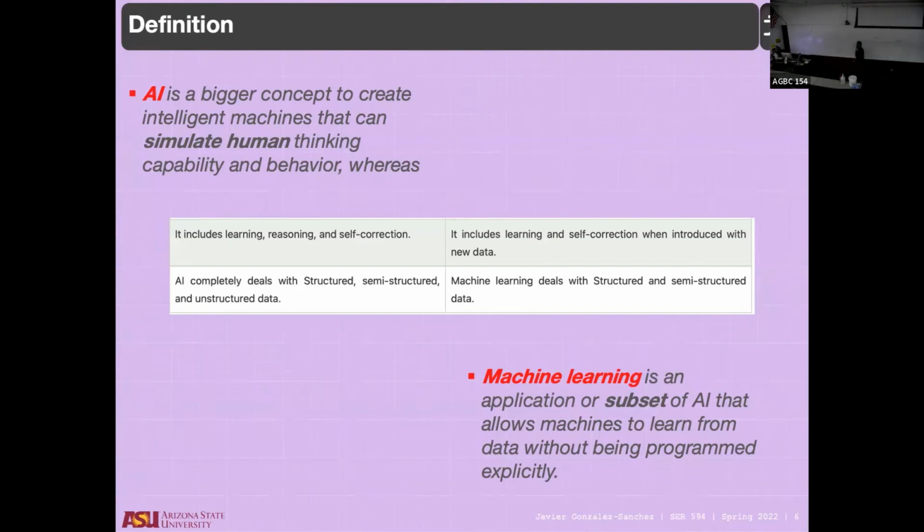Can you agree that if we mention artificial intelligence, we are talking about learning, reasoning, and self-correction, mostly, not the only elements, but three important elements. On the other hand, when we talk about machine learning, it uses learning and correction. We remove reasoning, the one that you mentioned before. I just put here the definition of what you mentioned.